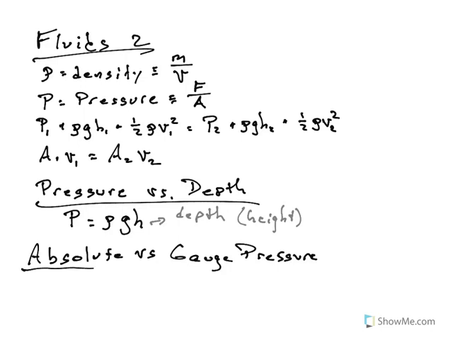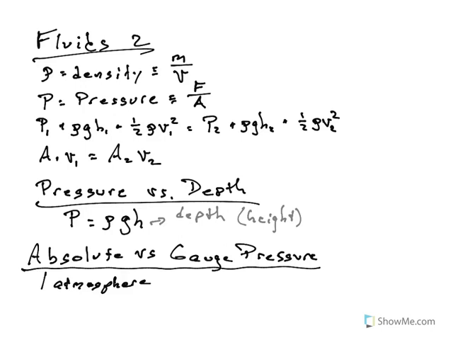What this deals with is basically the fact that on Earth, the atmosphere we live in causes a pressure on us. So everywhere on Earth, there's some amount of pressure, 1 atmosphere of pressure, on all objects.